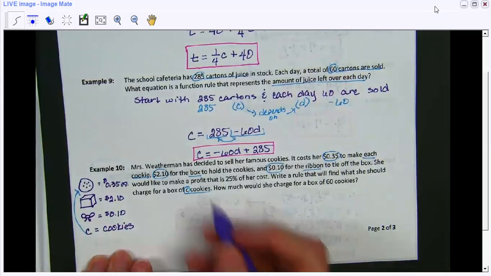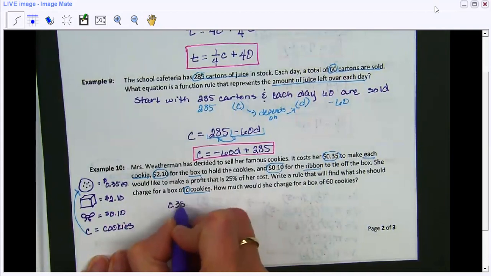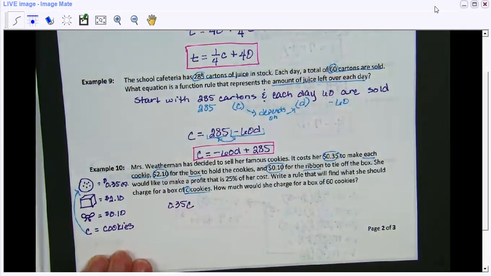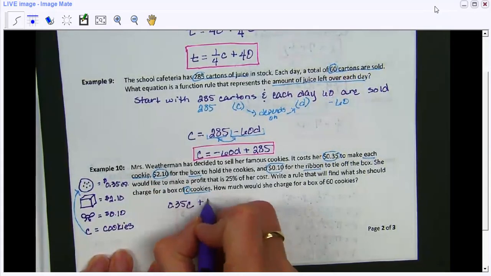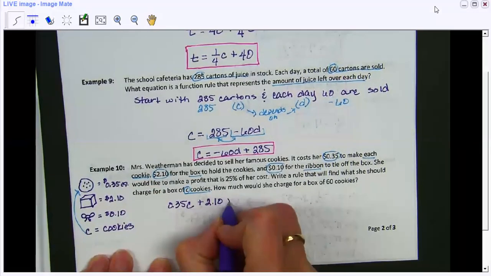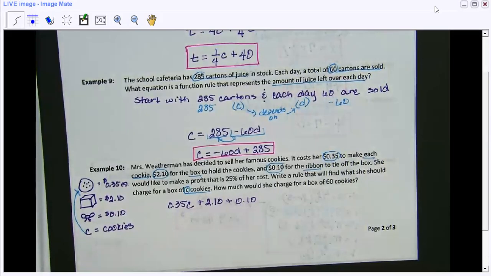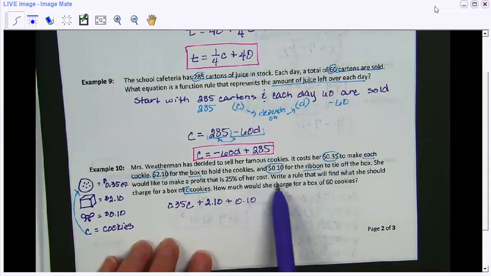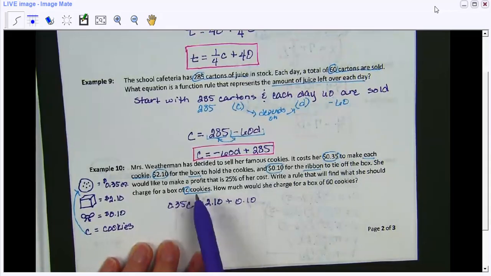Okay, so I'm going to have 0.35 C. Then I have to tack on the box and the bow. So my box is $2.10 and my bow is 10 cents. Okay. And that is going to tell me, let's see, write a rule that will find what she should charge for a box of cookies.